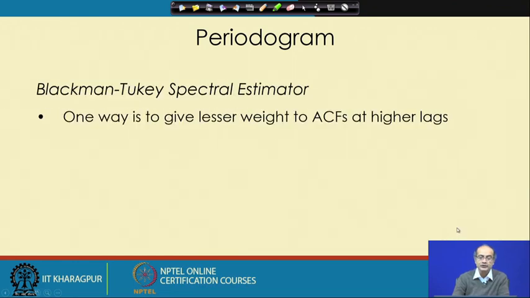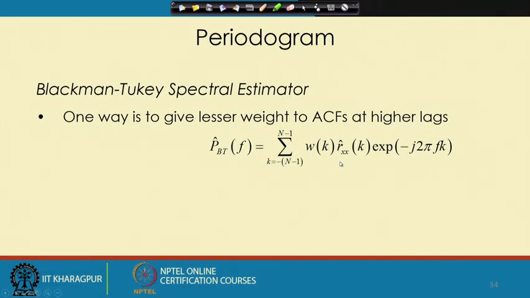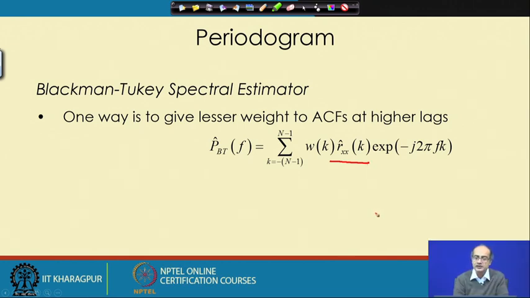So, one way is to give less weight to the ACFs at high lag. It is a very reasonable kind of assumption that where we have less confidence, let us use less percentage of information from there. Okay. So, that is the thing Blackman and Tukey suggested, and for that they told us to take the estimated autocorrelation function, as we take in the case of periodogram, and apply a window.